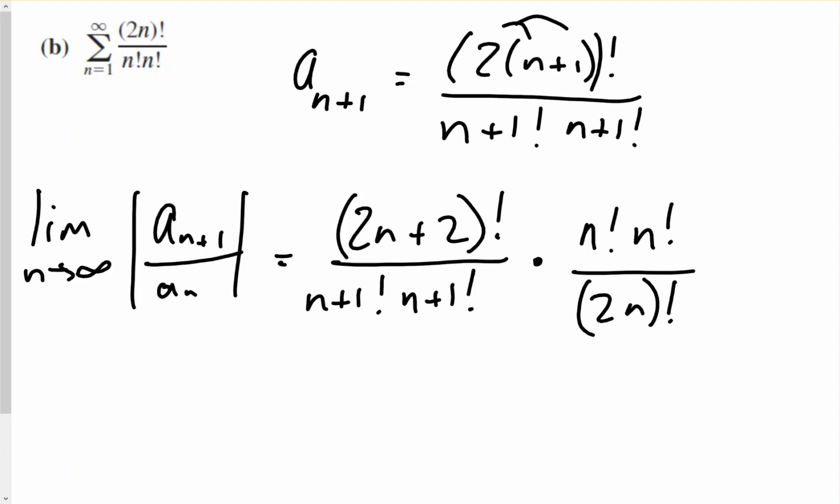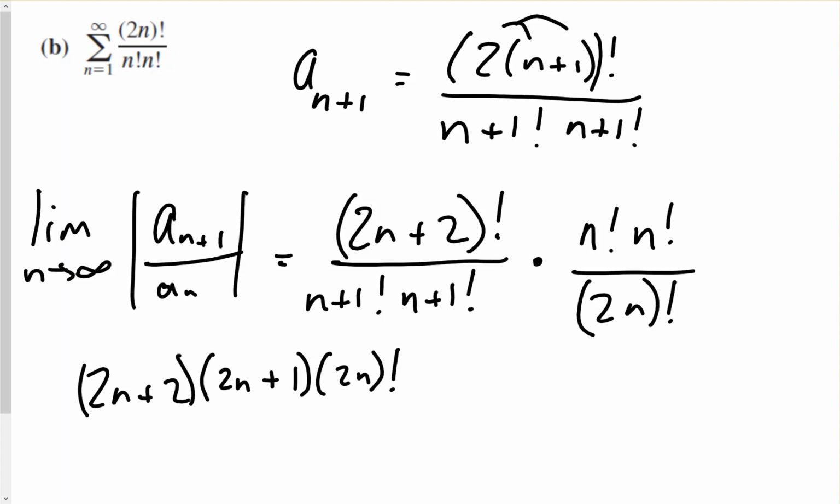Okay, so now I could expand my (2n plus 2) factorial, because what that means is I have 2n plus 2, and then remember factorial, you just drop one number every time you multiply the next term. So that means (2n plus 2) times (2n plus 1), and then times (2n) factorial. Okay, and then we have times n factorial times n factorial.